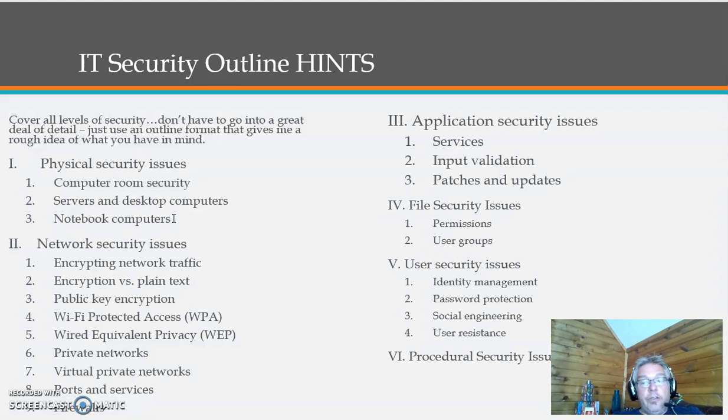There are a lot of good security policies that are online. Please, if you're using one of those as a guide, make sure that you cite that as your source. This is a detailed outline, but each individual item doesn't need a tremendous amount. Rough strokes on what you have in mind as it relates to TIMS is sufficient for this particular component.